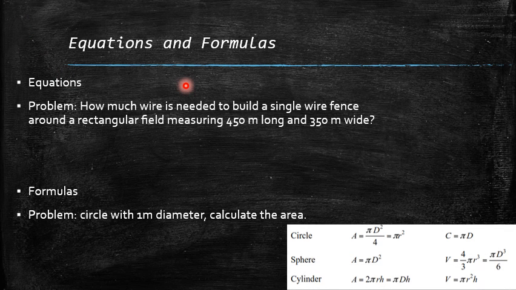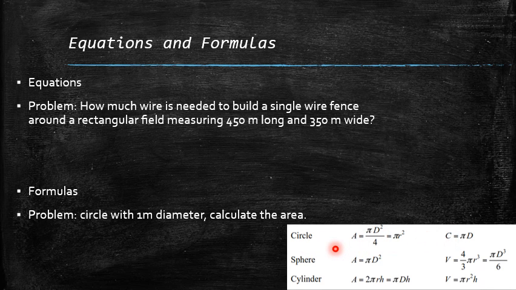In the how stage we mention equations or formulas. Is there any difference between equations and formulas? Yes. We can derive an equation for any problem, but a formula is a fixed or constant equation, like the area of a circle: area equals pi d square over 4, or pi r square.